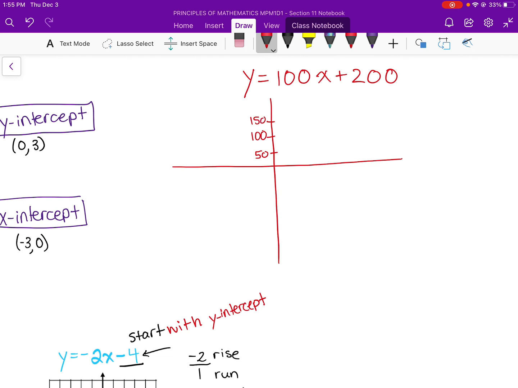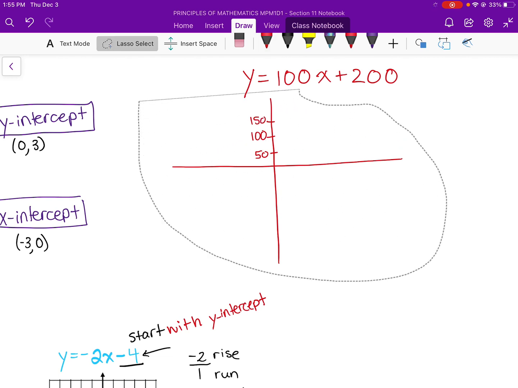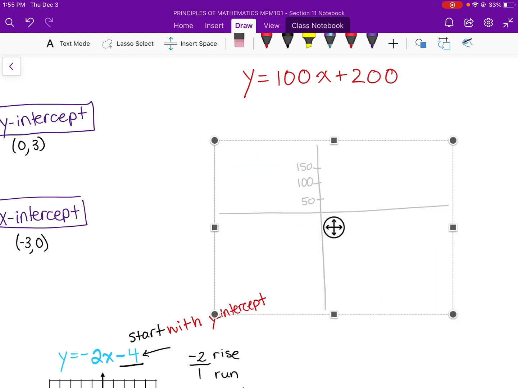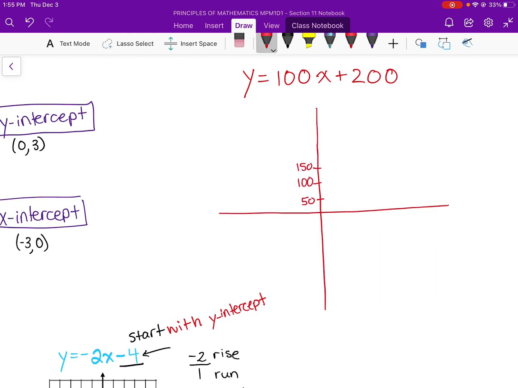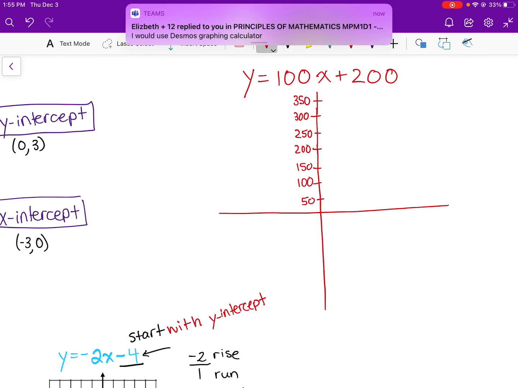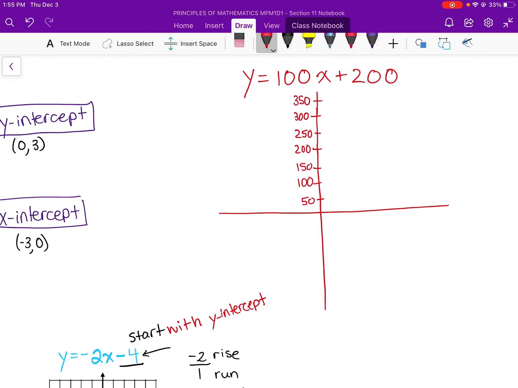You do it the same way, it's just annoying. Yeah, I would use Desmos too. We'll never make you graph these horrible numbers by hand.